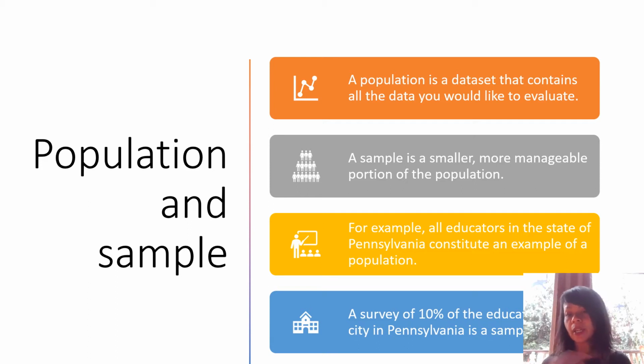If somehow you're able to get statistics or data about all of the educators in the state of Pennsylvania, then that would be great. That's the whole population. But if you're only able to reach like 10% of them, then that is a sample. A sample is part of a population. Sometimes it's not easy to test the whole population, so you get a sample, a group of the subjects within the population.